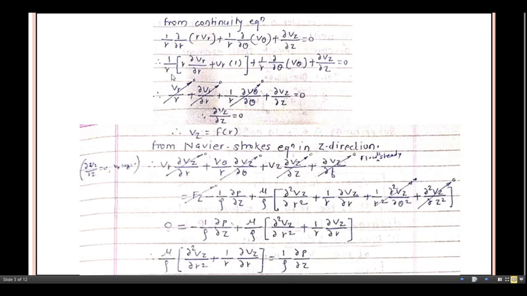Now if you observe this relation, we have taken this 1 upon r as common from this term, and this equation is written in this way. So as per our assumptions, this term becomes 0, as dabba Vz by dabba z equals 0.